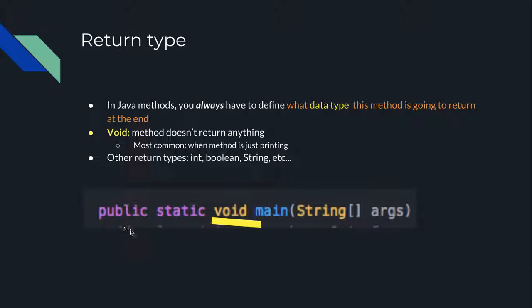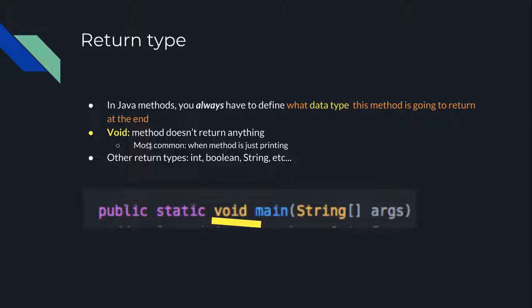So we just went over the access level of our methods, and we just skipped over static, and now we need to talk about the fact that in all Java functions, we must define the return type. So what does this method return at the end of the method? So in main function's case, we define it to be void.